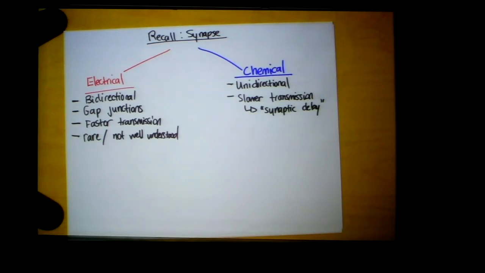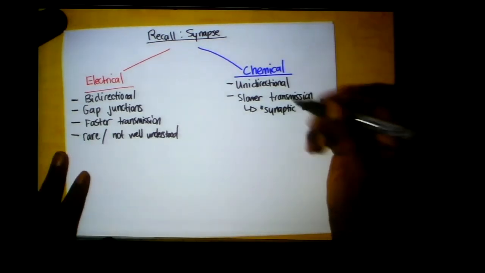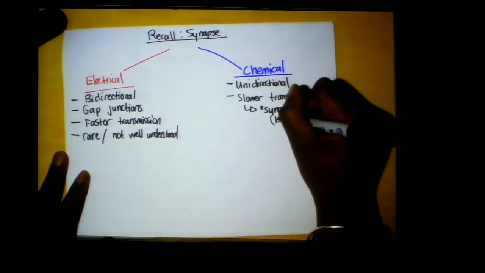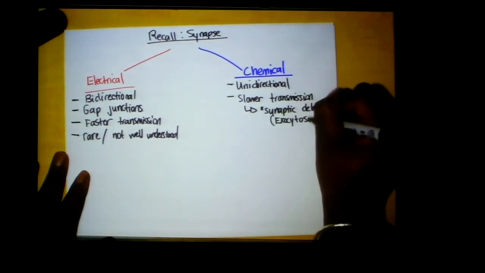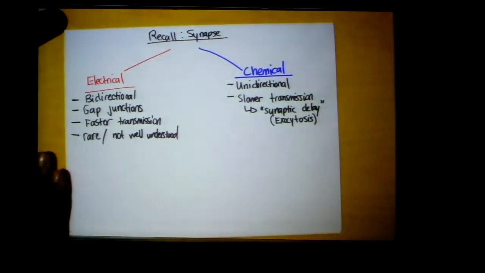So time for the vesicles to dock, to fuse their membrane with the membrane of the axon terminal, and to exocytose that neurotransmitter. So this was really due to that exocytosis process. Okay, make sure you review that. It was not due to the diffusion. It was not due to any time of the neurotransmitter to move across the cleft, but rather the time it took to dump that neurotransmitter out.